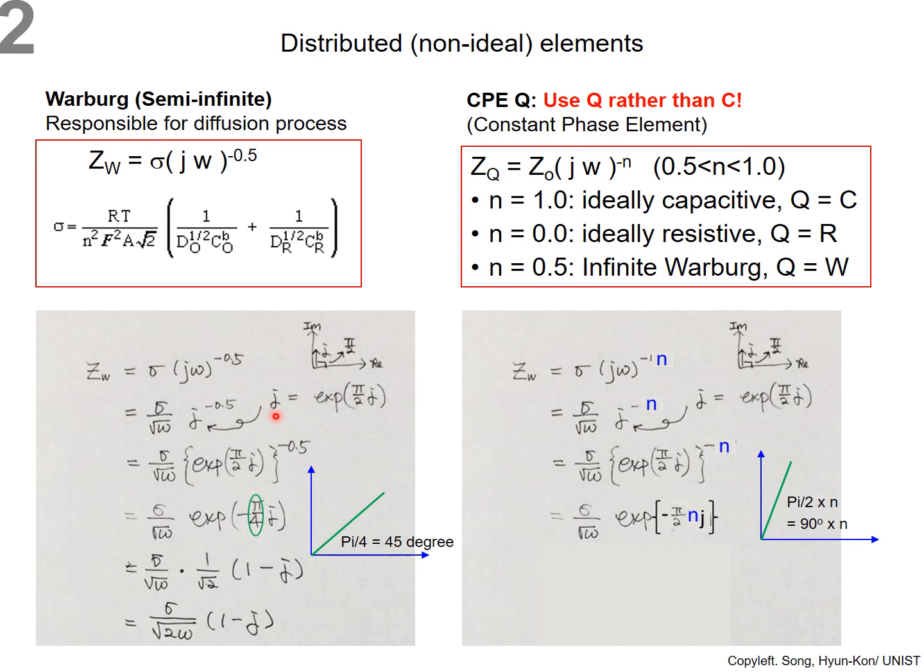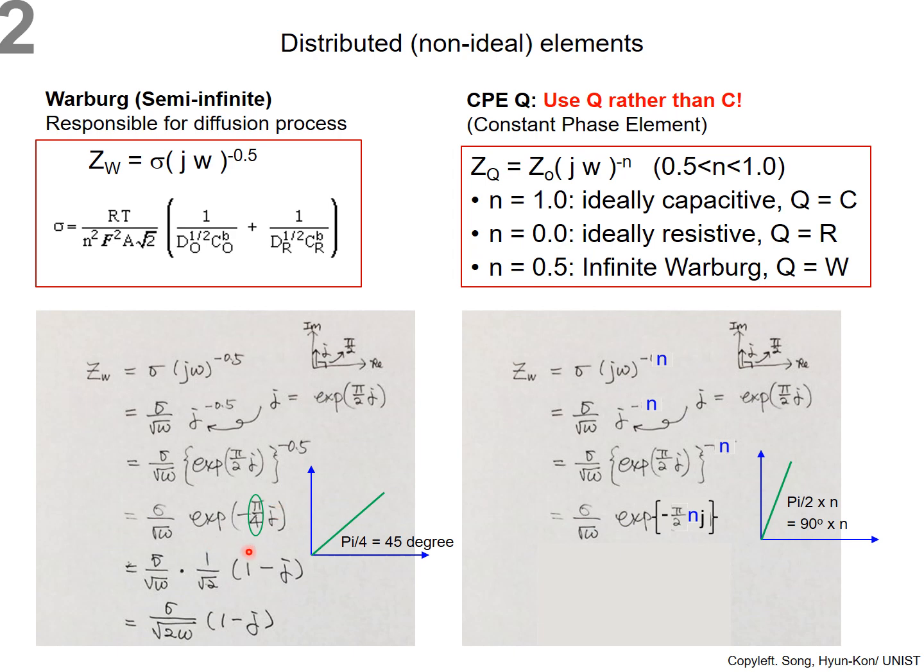This j can be expressed by an exponential function, where the amplitude is 1 and the phase angle is pi over 2. That is the j, so exponential pi over 2 j. Then this one to the minus 0.5, so minus 0.5 goes into the exponential function. So exponential minus pi over 4 j.